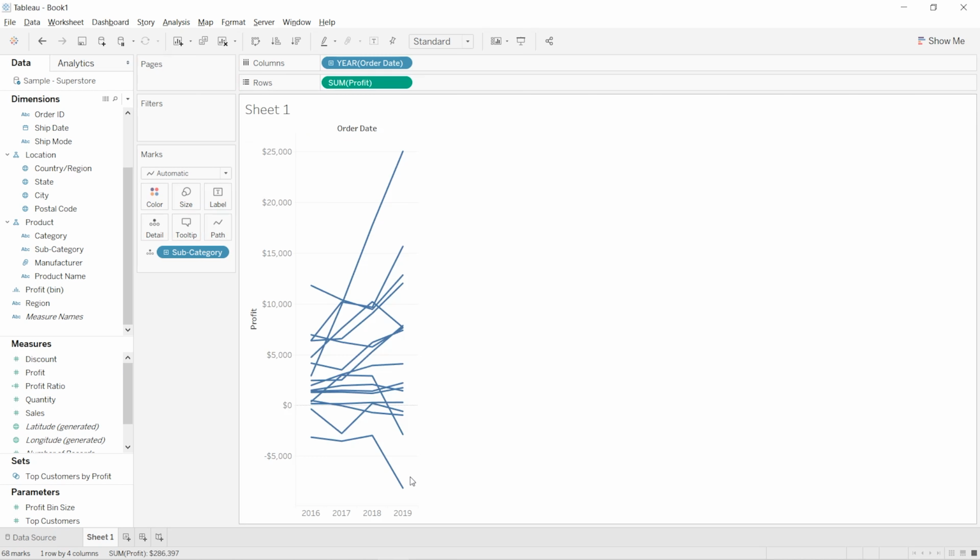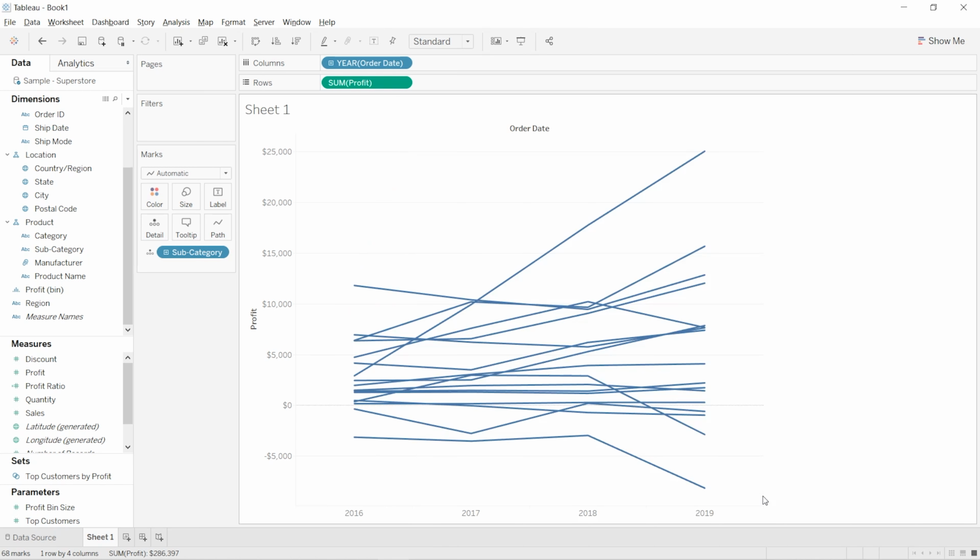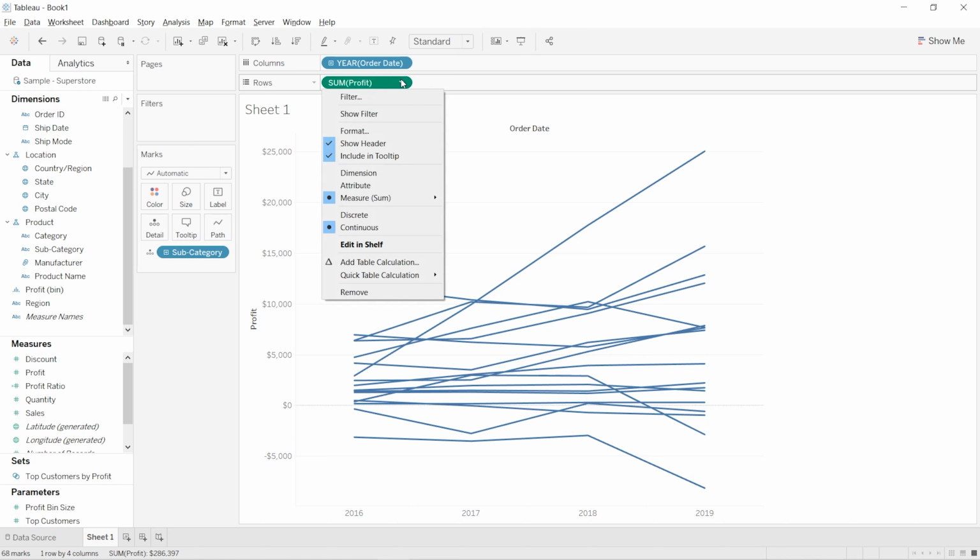So we do have a line graph right here in front of us. Let me just make it bigger. Now to apply a quick table calculation, you need to go to the measure section, which you have already opted for. Just click the drop down below and go to quick table calculation, and here select running total.